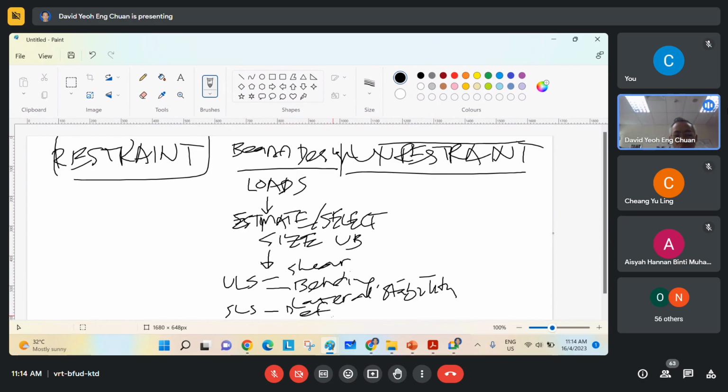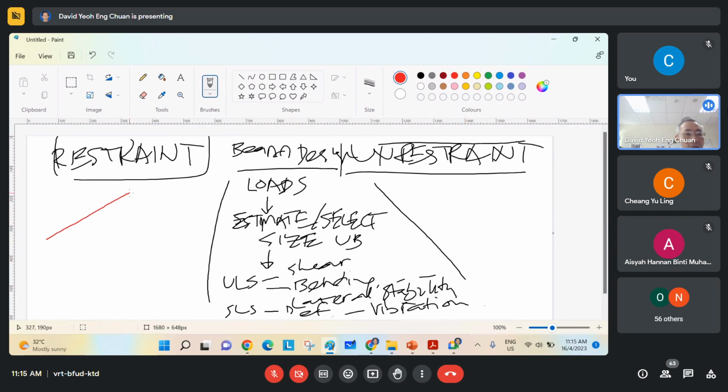If it is a very long span beam, say like 8 meter, 10 meter and above, we have to check in terms of vibration. Okay, vibration towards the floor, felt vibration. So that's the chronology of it.